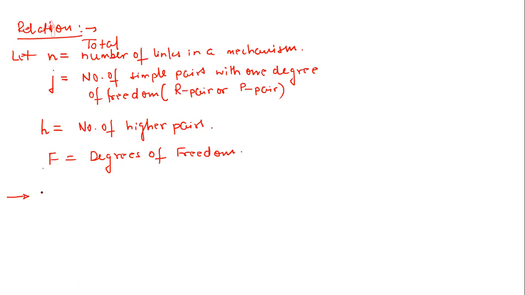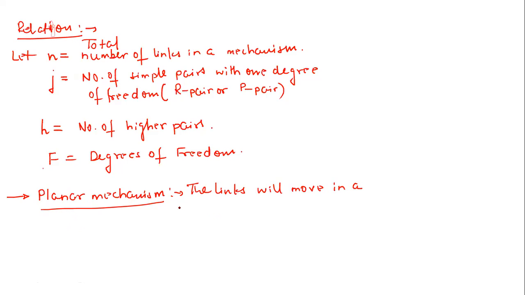First of all, we are going to talk about a planar mechanism. Always remember, we are not considering the case of a spatial mechanism. Spatial mechanism means that the links, or the points on the links, are going to move in all 3 dimensions, that is x, y, and z. But in a planar mechanism, the links will move either in a single plane or in parallel planes.